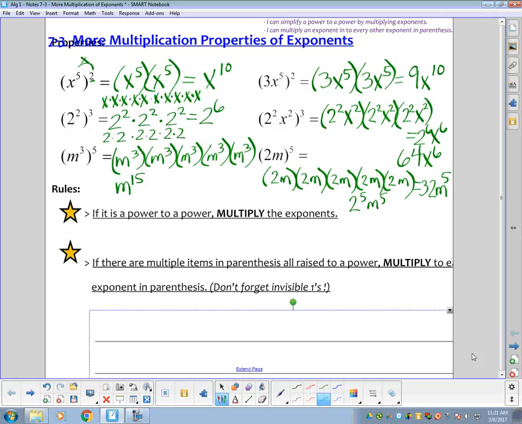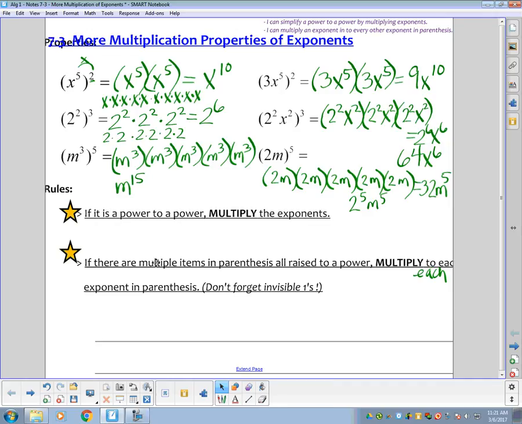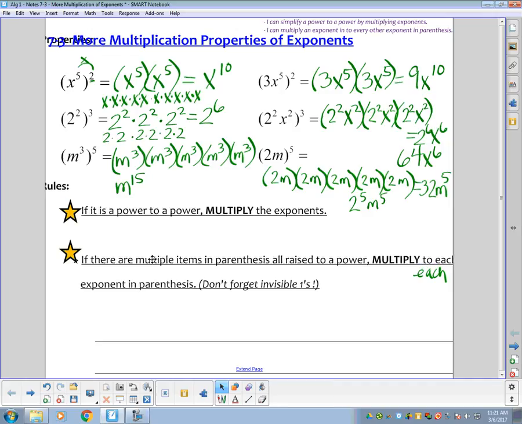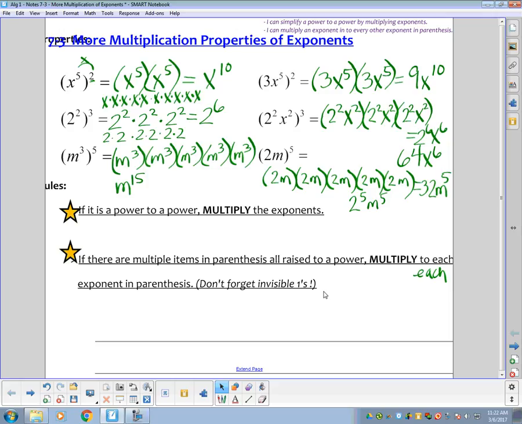This says multiply to each exponent in parentheses. So if there's more than one thing inside the parentheses, we're multiplying the 3 to both exponents inside.